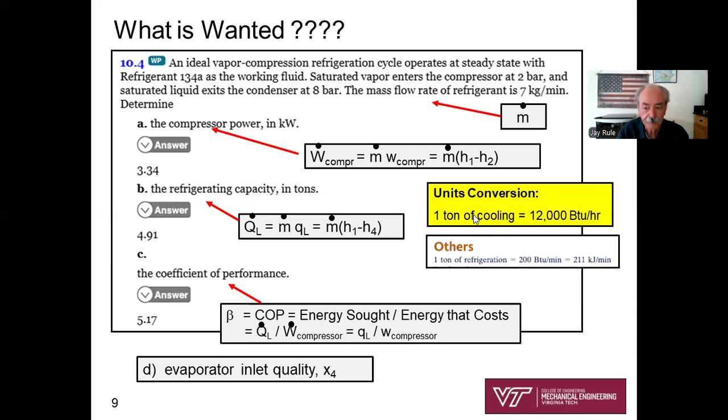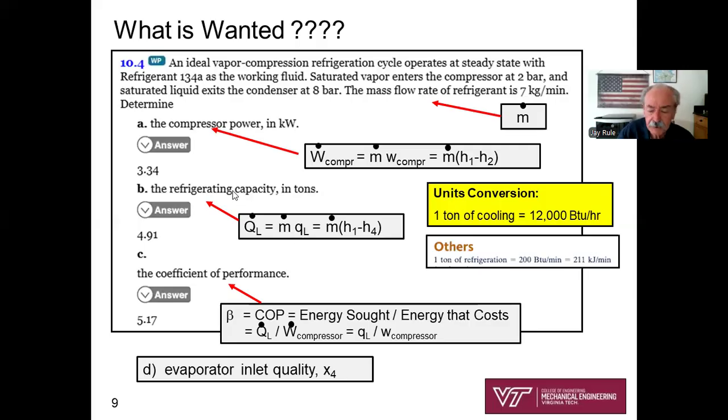My dad explained to me that a ton of cooling also equals 12,000 BTUs per hour in the English system of units. For most engineers, this is a very familiar conversion that we won't use in this problem. We're going to use this other one that I have not committed to memory.